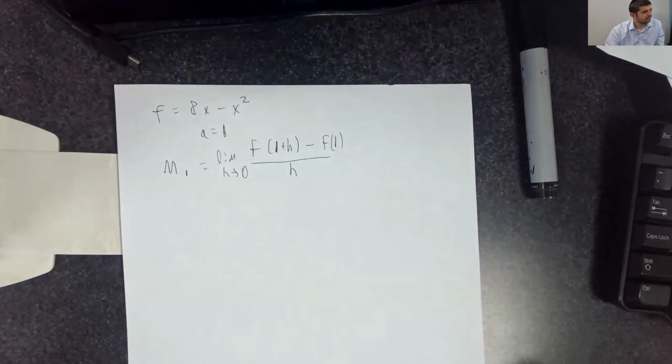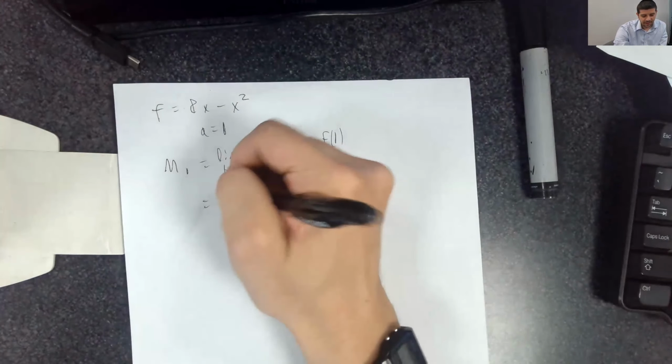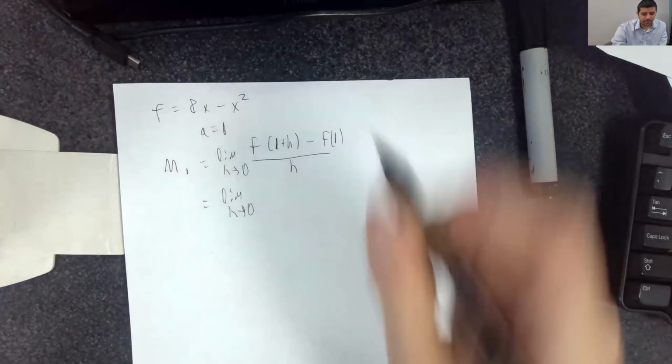But it's a good question. This is where we see a lot of algebra errors get made. Algebra errors in the making come from problems like this. Can someone help the class? How do I plug in 1 plus h?